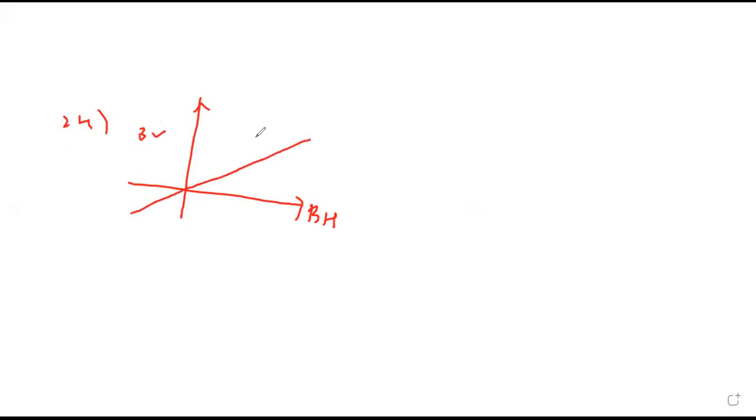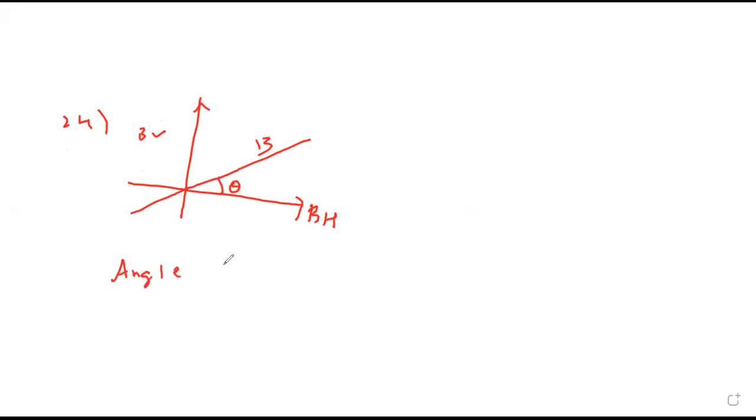24th, again 11th standard magnetism. If magnet is suspended at an angle of 30 to the magnetic meridian, BH is in the direction of magnetic meridian, BV is vertical. This is the resultant, this is theta.